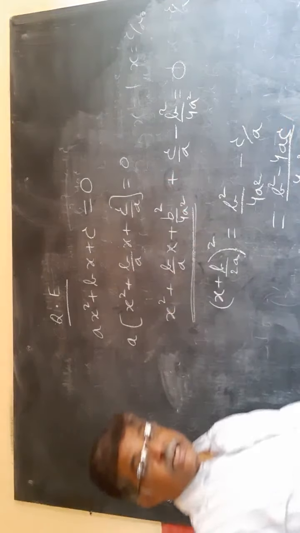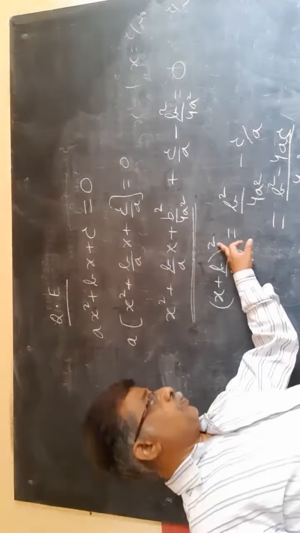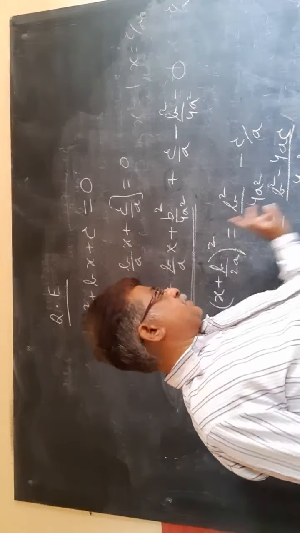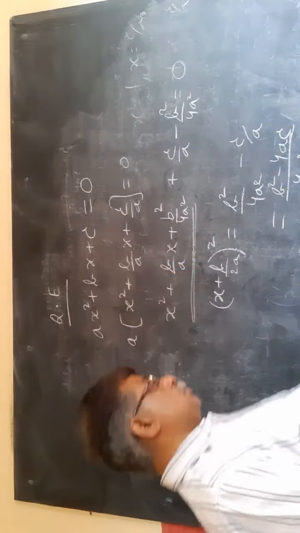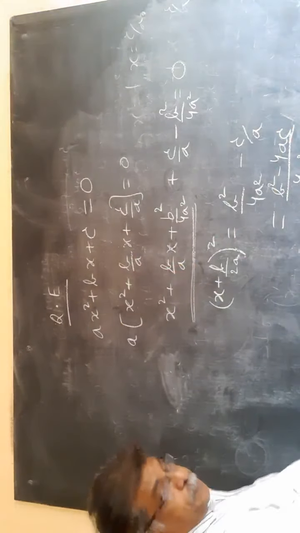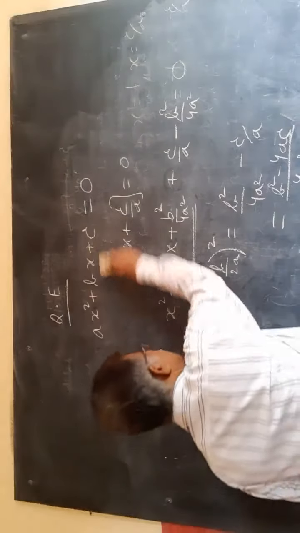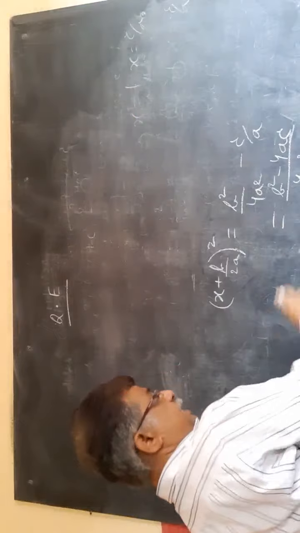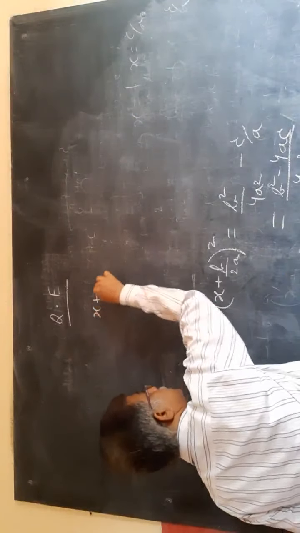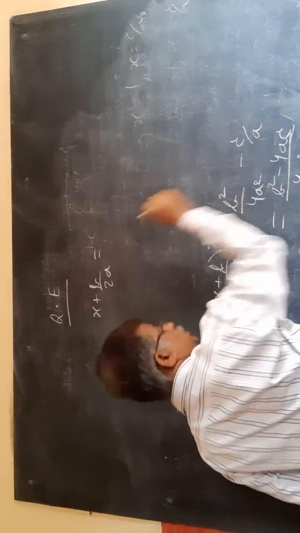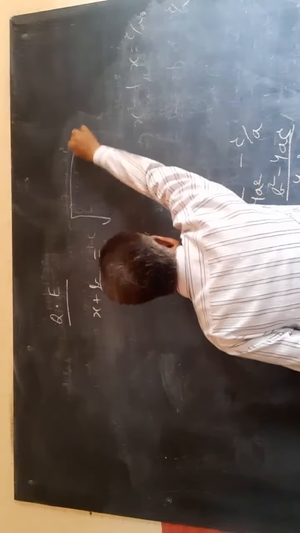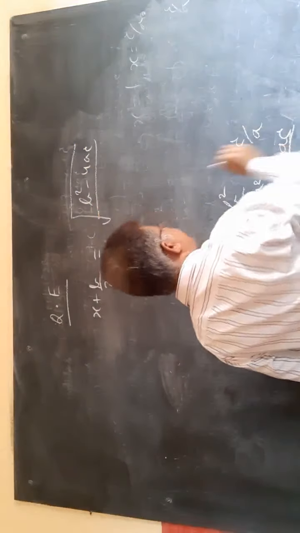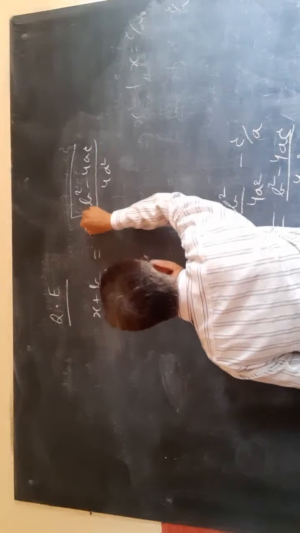Now if I take the square root, I am taking up this square. So this becomes x plus b by 2a equal to plus or minus square root of b square minus 4ac by 4a square.